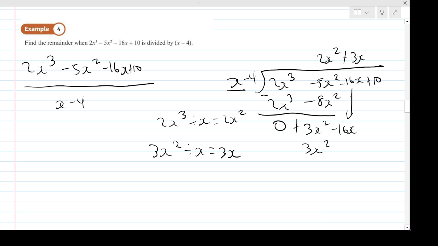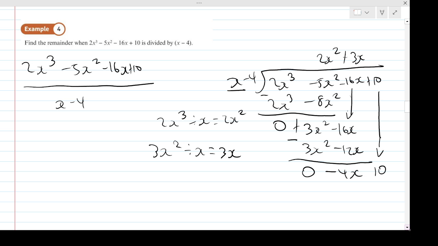And then 3x times minus 4 is minus 12x. And then if we take those away, 3x squared minus 3x squared is 0, again what we want. Then minus 16x take away minus 12x. Again, we add, double negative. Minus 16x add 12x, so there'll be minus 4x. And there we are. So then we can bring this last number down here, which is a 10.